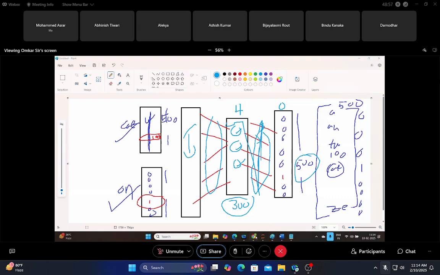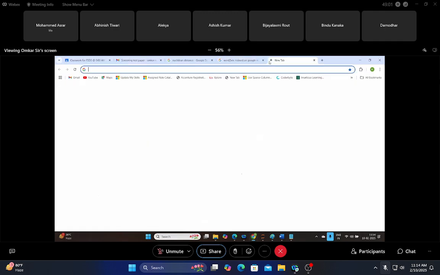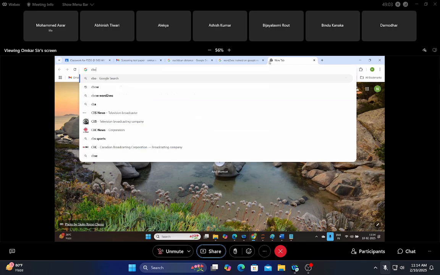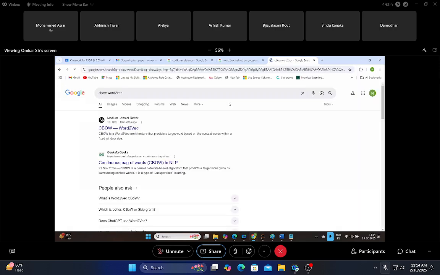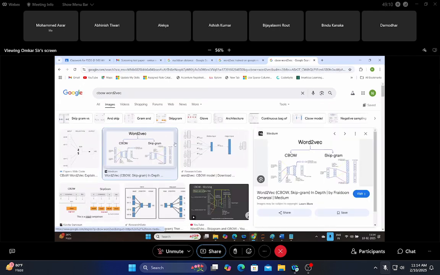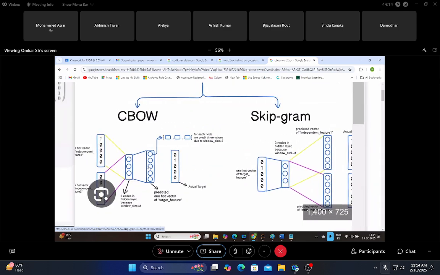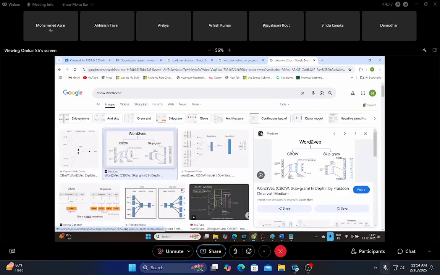So this is called the CBOW method, continuous bag of words. These are the inputs, this is the output, the input, the hidden layer, and the predicted one hot encoder output layer. Same approach. That is called CBOW.